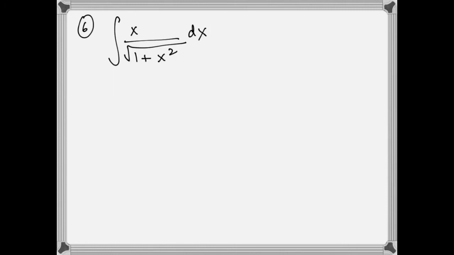We know that for the trig sub, x is equal to, in this case, just something simple, tangent of theta. And dx is equal to secant squared theta d theta.